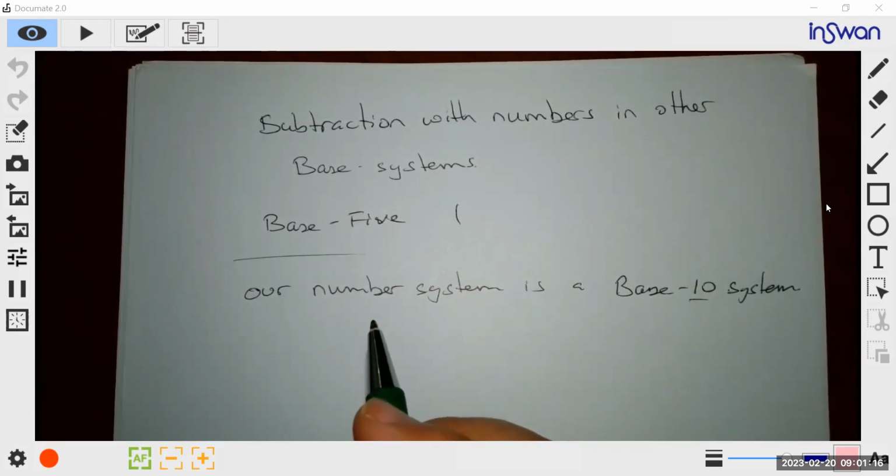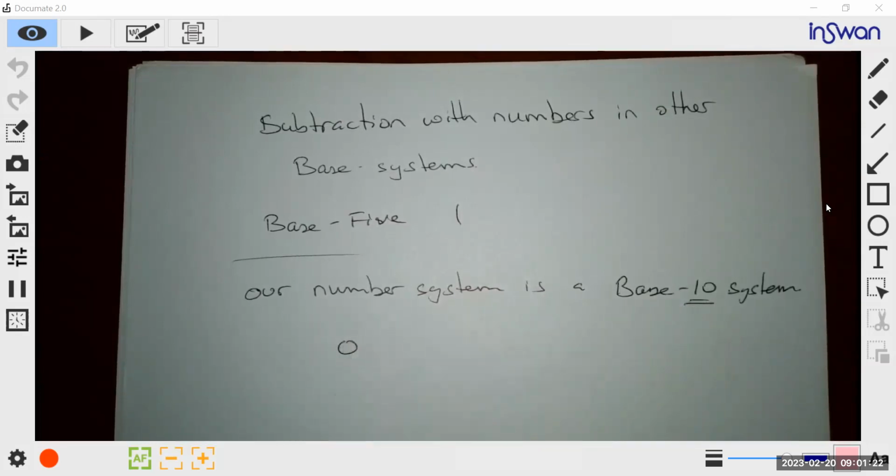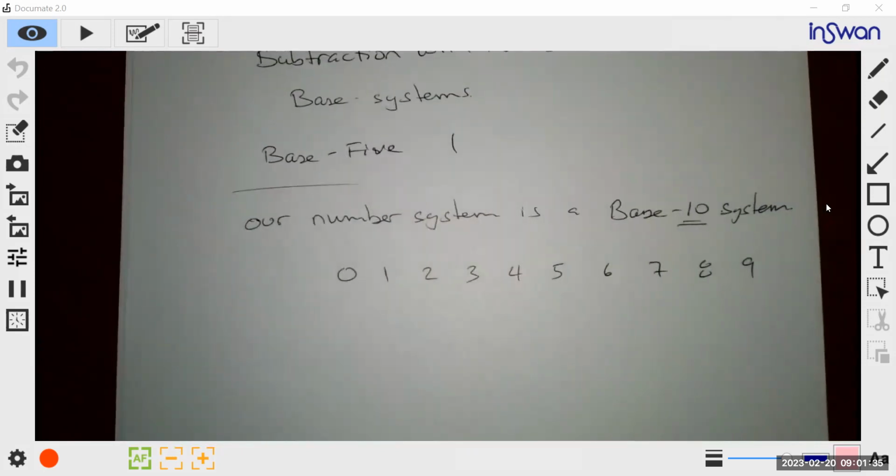You asked earlier, why don't we ever start teaching from 0? Let's see why it's a base 10. So start at 0. 1, 2, 3, 4, 5, 6, 7, 8, 9. What comes after 9?